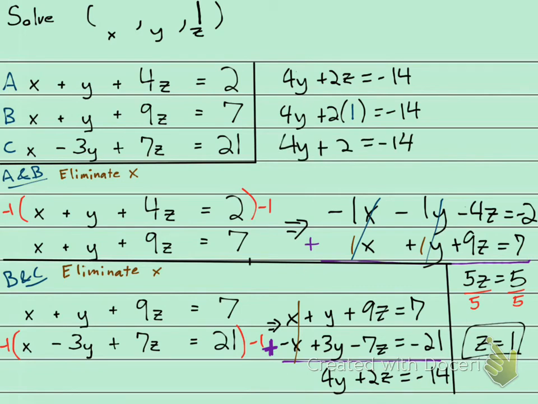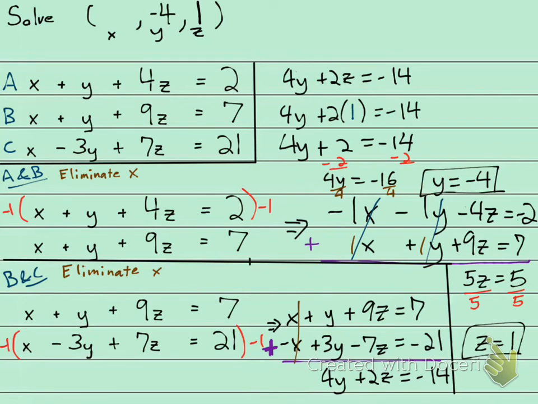Now we solve. Subtract 2 from both sides: 4y equals negative 16. One more step, divide both sides by 4, and we find that y equals negative 4. That's the second part of my answer.